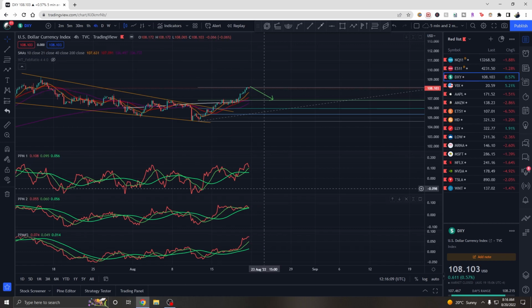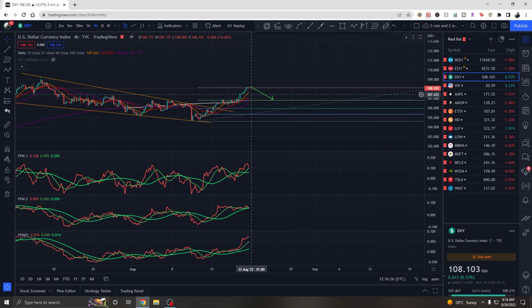When that happens, usually this is a 10 period moving average, and when we break through the first derivative in PPM 1, we come back down to this 10 period moving average and retest it once again. So if we get a rejection from here and penetration over here, then it can quickly come down to the 108, 107 level.